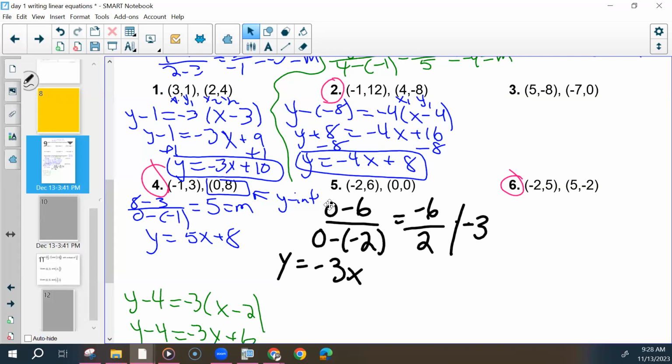This was the answer to number 5. If you saw that this was the right answer, you didn't have to do the work, but if you did the work, that was also fine.